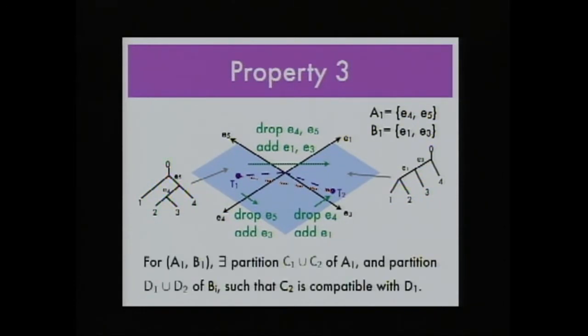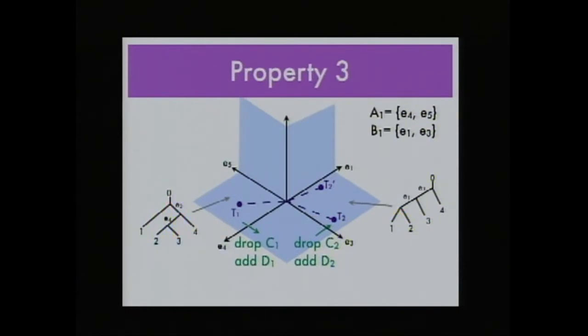So that's the first part of the property: we've got to be able to split up A1, the edges dropped, into 2, and the edges added into 2, such that the ones we drop second are compatible, so they can be in the same tree with the edges we added in the first of our 2 steps. Right, so there is a tree corresponding to that orthon.